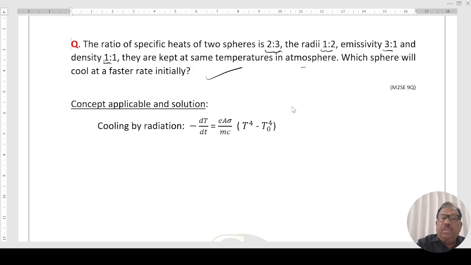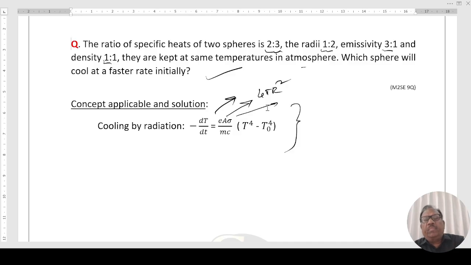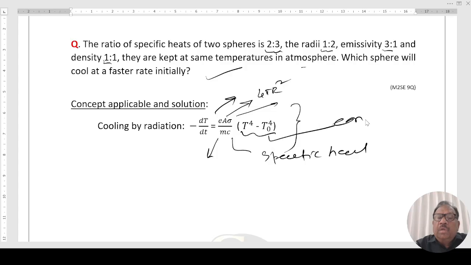Cooling by radiation is given by this formula. E is the emissivity, A is the area, 4 pi r square, sigma is Stefan's constant, M is the mass, C is the specific heat. This is constant initially.